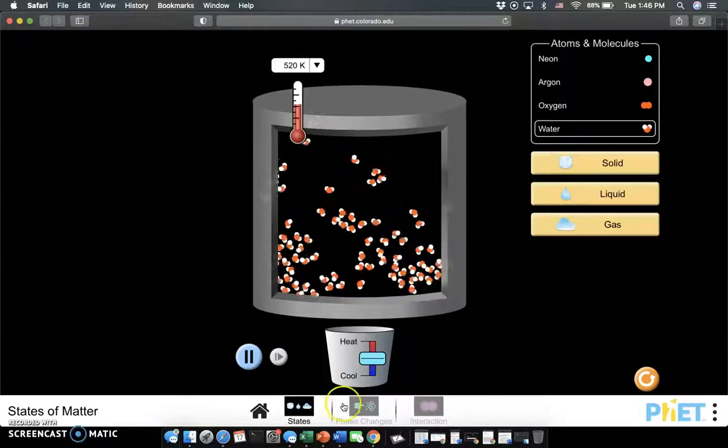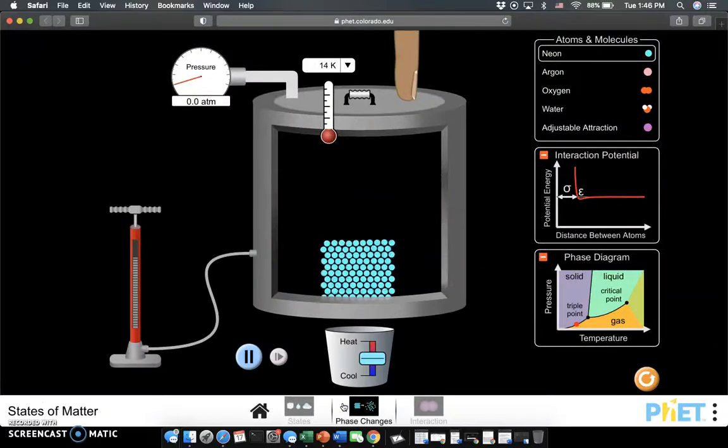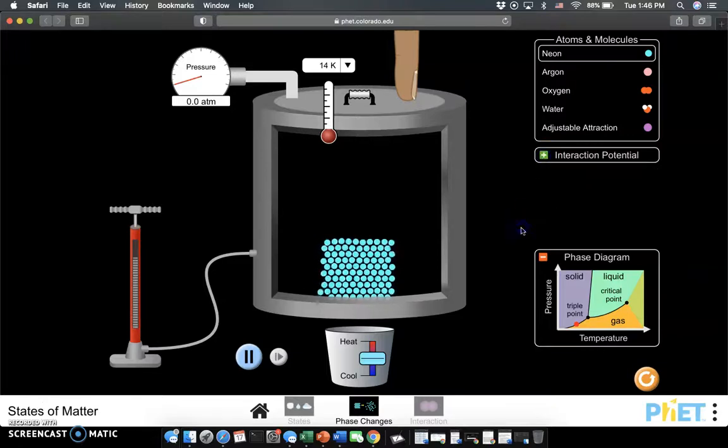All right. You can also look at this next section. These are phase changes, and I'm going to kind of show you a little bit around this. First of all, we are not worried about this interaction potential, so we're going to go ahead and put that away. So just like this last one, you can heat and cool the atoms.